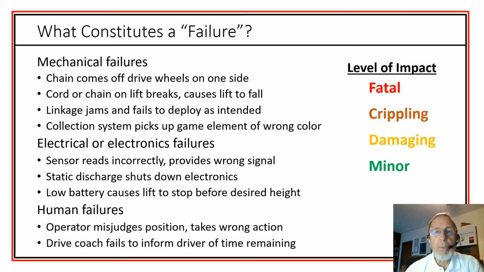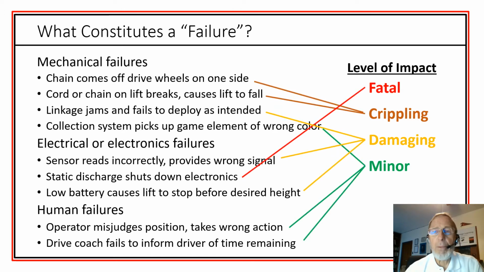We probably come up with ways in which we characterize the most serious to the least serious, with titles that we might put on them, something like fatal or crippling, damaging, or maybe very minor. Then, of course, for each of the failures that we're considering, we would try to map those to the level of impact and give us some guidance as to which ones we need to address first.